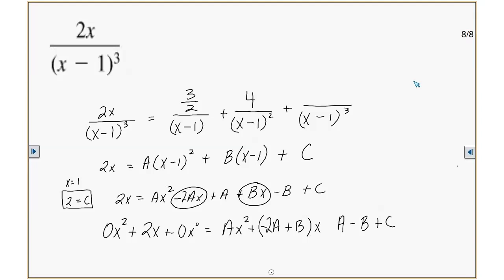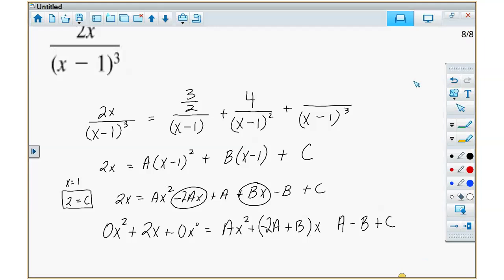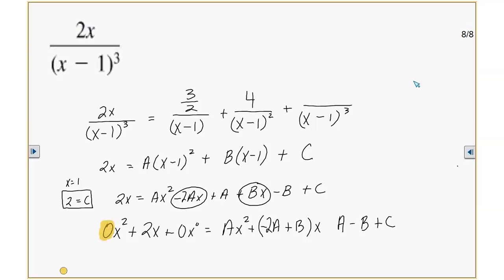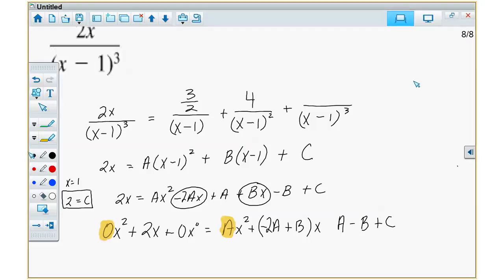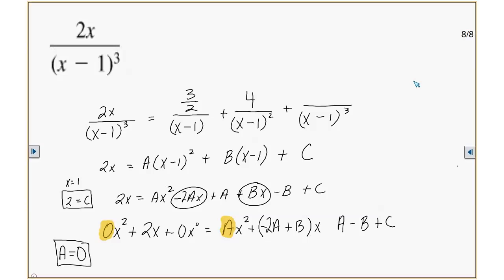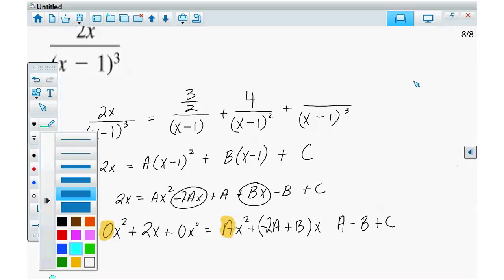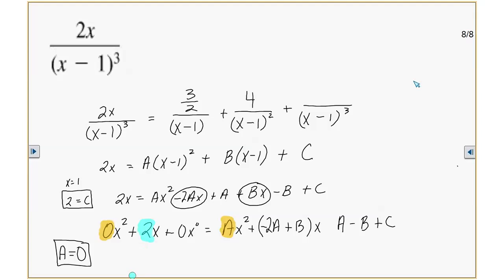Okay, now, what they mean by equivalent or equal coefficients is the coefficient for x squared is 0. So therefore, a is equal to what? 0. So from that yellow highlighter, a is equal to 0. Now, the x term, we'll use another color highlighter, is what? 2.